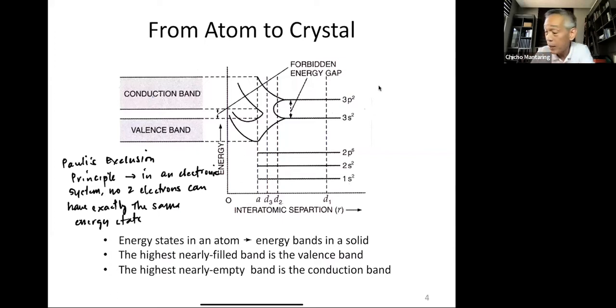There's a distance where your energy states start to split into what we call bands. For a certain time, the S and the P will be one continuous band of energies.